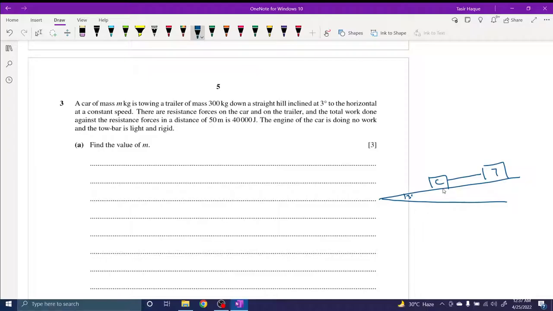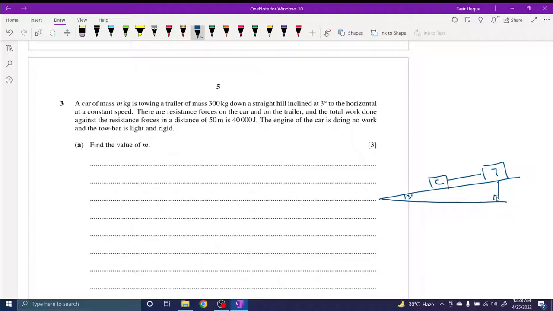So the loss in PE is actually being converted to the work done against resistance, and since it's constant speed, there's no change in KE. Okay, so let's try to do this.